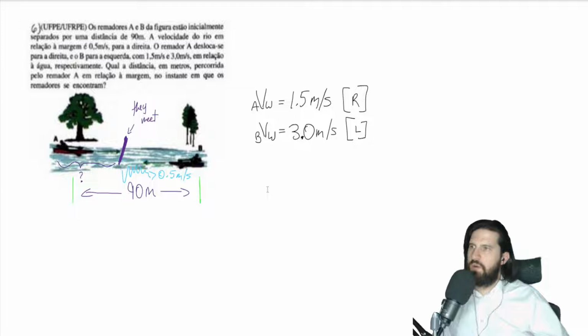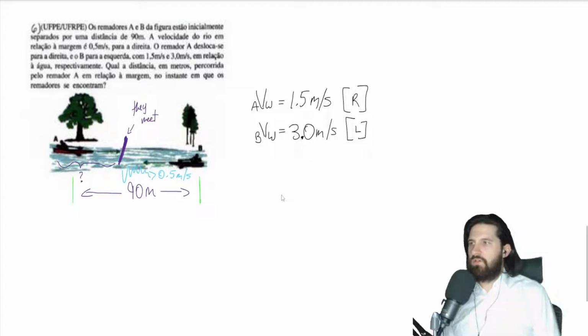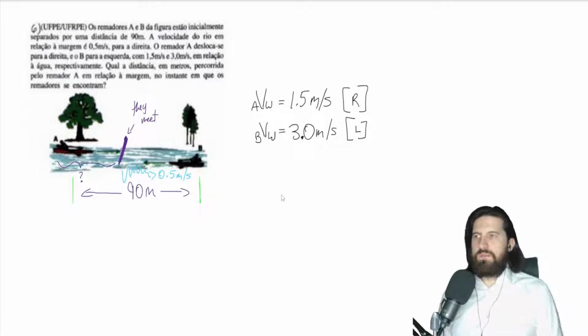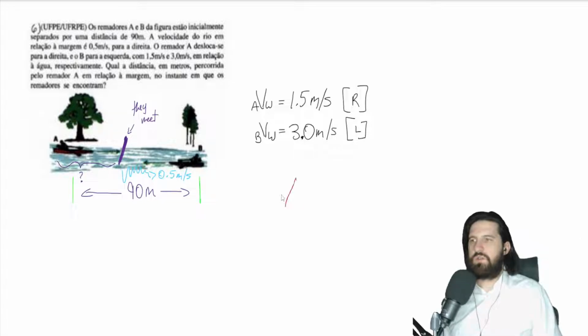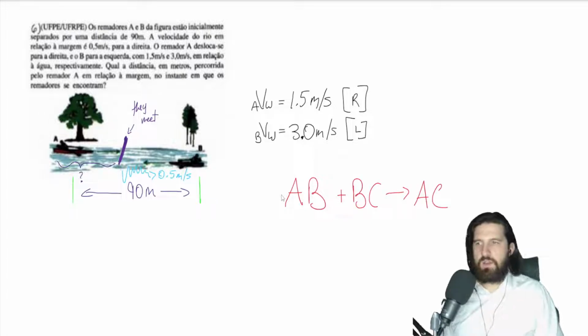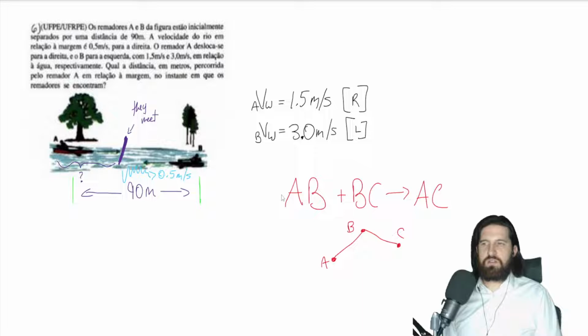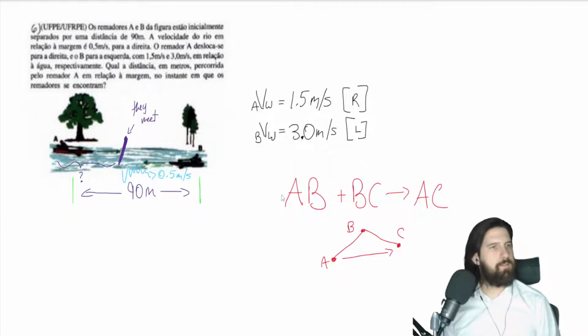Okay. So what we need to do is we need to put these velocities relative to the ground, right? This is the same thing that you can do when you do this. So if I go from A to B and then from B to C, that's the same thing as going from A to C, right?